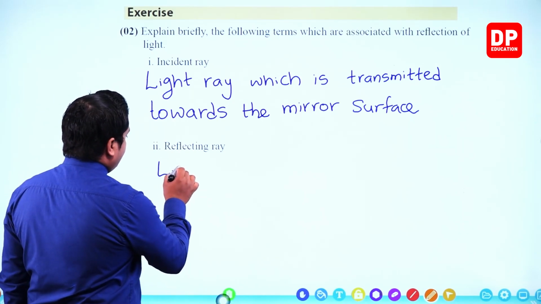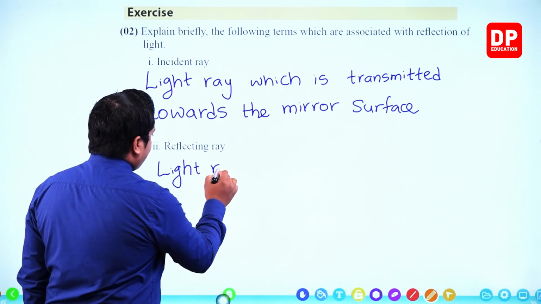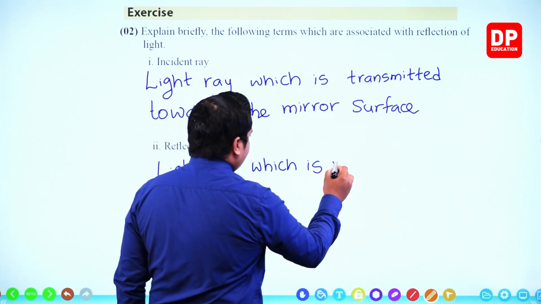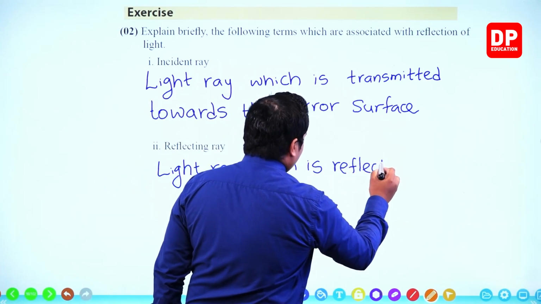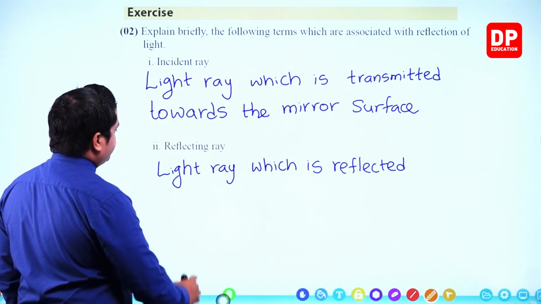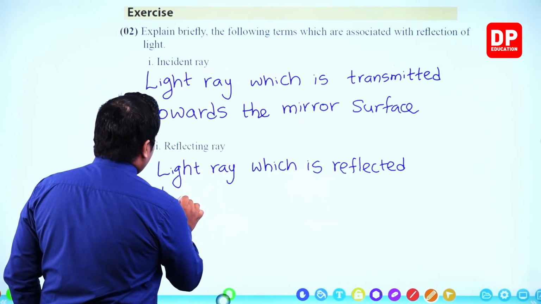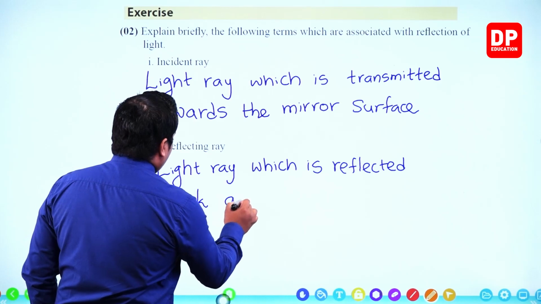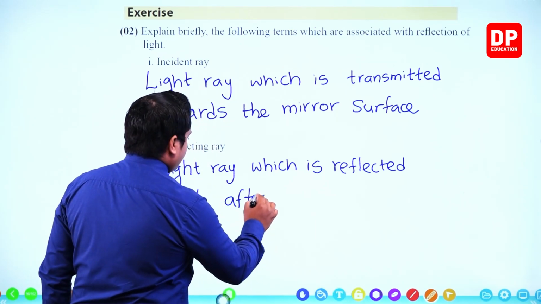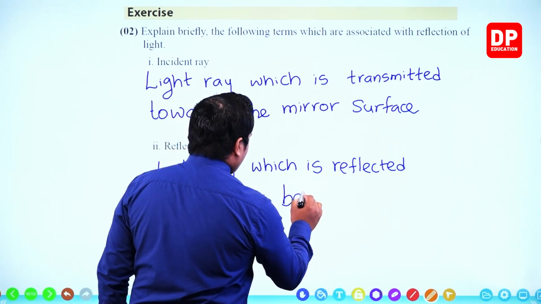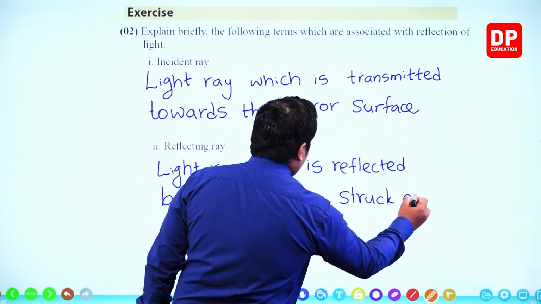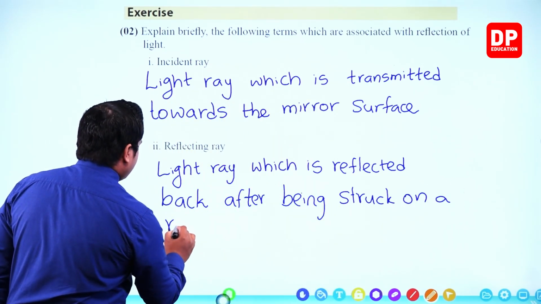Then you can write, light ray which is reflected back after being struck on a reflective surface.